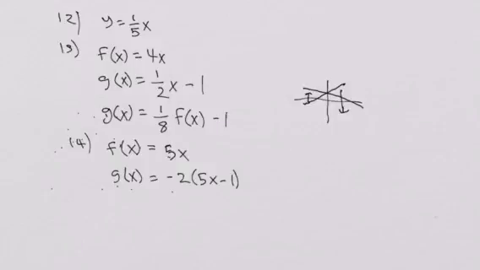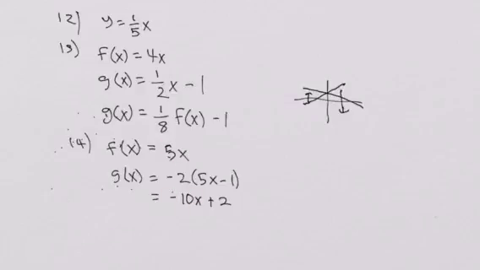The first thing, there's a couple of different ways you could do this. I might suggest you say that g of x equals negative 10x plus 2, and then we can compare f of x and g of x. How did we get from 5x to negative 10x?